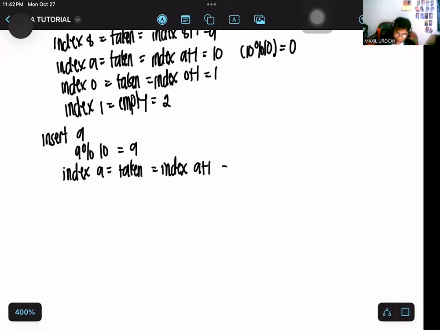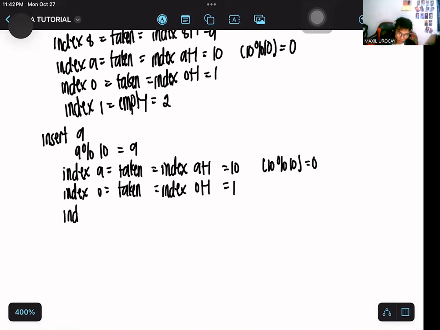So index 9 plus 1 equals 10. Calculating the modulo, 10 modulo 10 will become 0. Check index 0. Index 0 is taken. So, plus 1 again. Index 0 plus 1 equals 1.